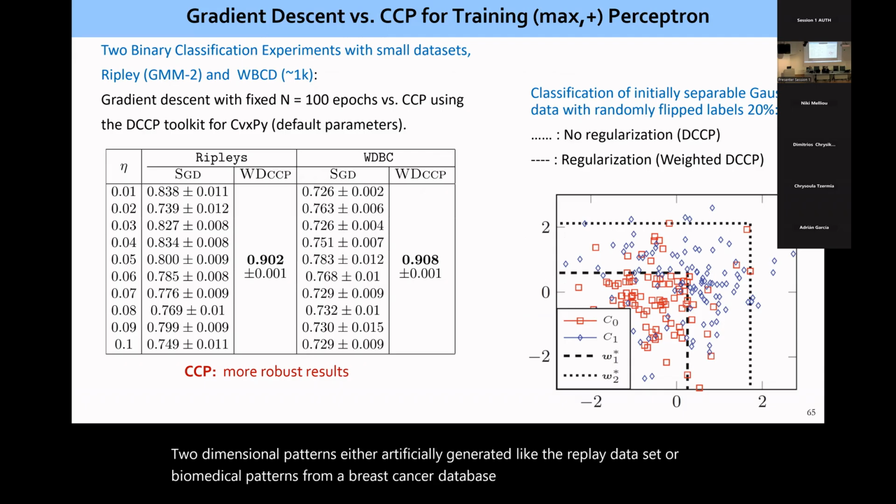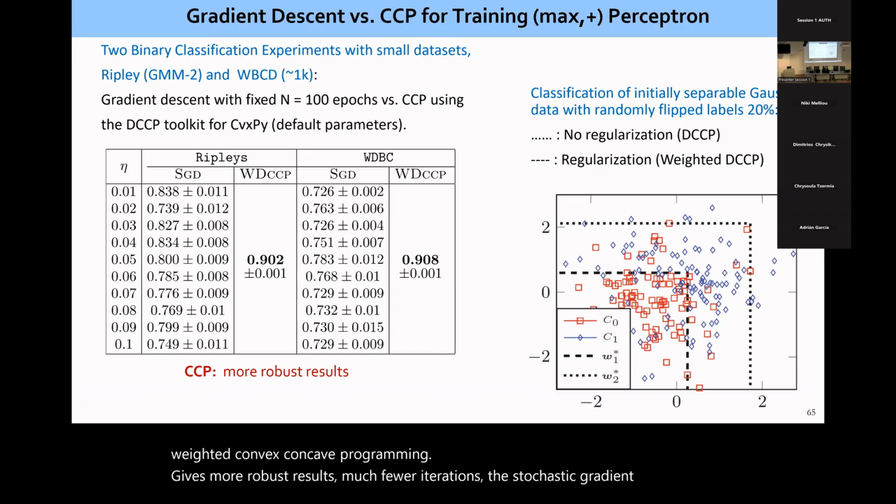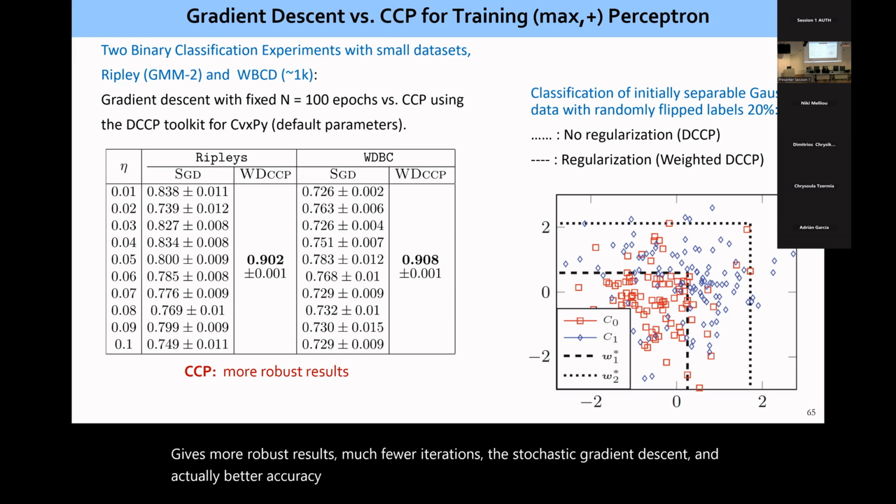Both databases are really small, and what we found is that designing the dilation perceptron with this weighted convex concave programming gives more robust results, much fewer iterations than stochastic gradient descent, and actually better accuracy. And by using the weights in this minimization functional, instead of the plain support vector machine functional, one can actually regularize the whole procedure and make it more robust in terms of noise.